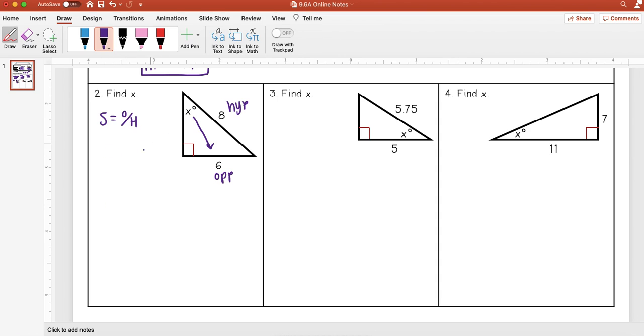So that means that the sine of x is equal to my opposite, which is 6, over my hypotenuse, which is 8. And now I'm going to do just exactly like we did in those previous examples. I'm going to take the inverse sine on both sides.